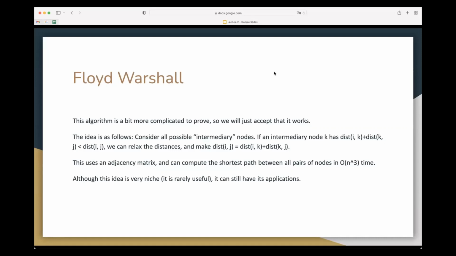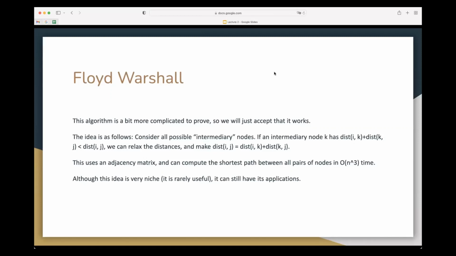Dijkstra's finds the shortest path from a node A to every other node. So if you run Dijkstra's n different times, then you would get a time complexity of mn log n.